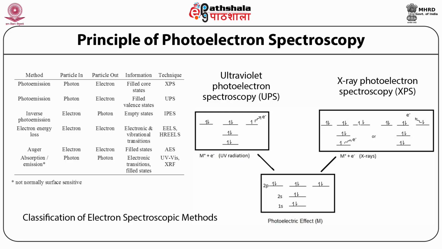The second one, when the ionization is triggered by the core electrons using high energetic X-rays with energies 1000 to 1500 electron volt that could eject electrons from the core atomic orbitals, is referred to as X-ray photoelectron spectroscopy.